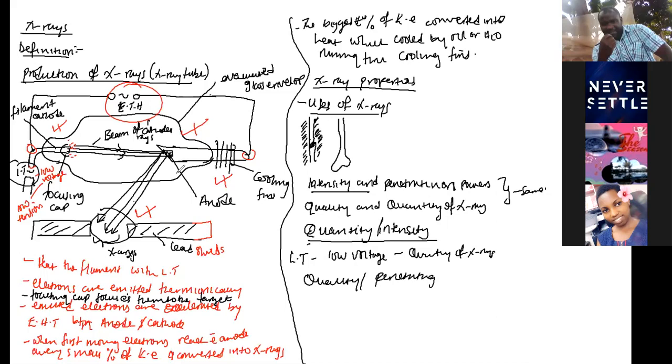So with this, if they ask you to tell us how we can produce soft and hard X-rays: soft X-rays are those which have a very small frequency but a very long wavelength, while hard X-rays are those which have a very small wavelength and a very high frequency.